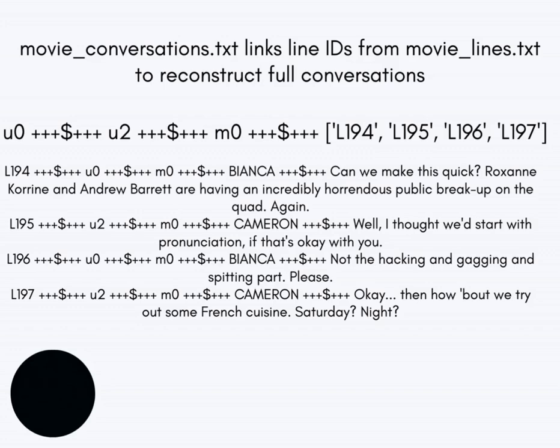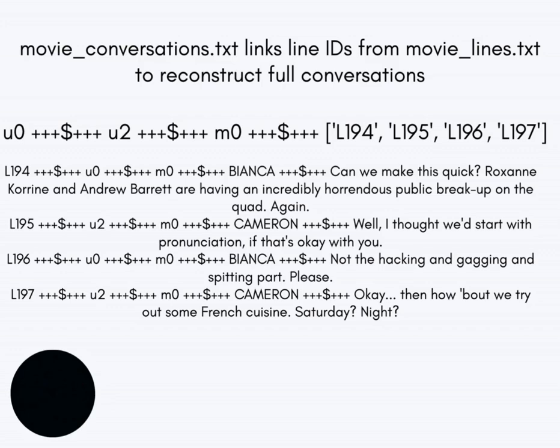Okay, so then you have a movie_conversations.txt file that links IDs from movie_lines.txt to reconstruct the full conversation. So U0 is the character, then U2 is character 2, in M0. So these are the conversations happening between the character IDs U0 and U2 in the movie M0, and these are the lines.